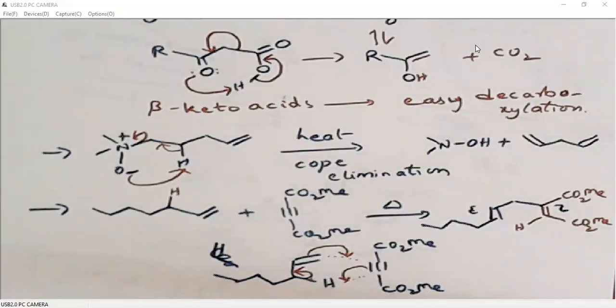Okay. So whenever you are writing the products in ene reactions or electrocyclic reactions, what I suggest is first take the transition state, write the product accordingly, then rearrange it in a comfortable fashion. We don't write like this, right? Yeah.